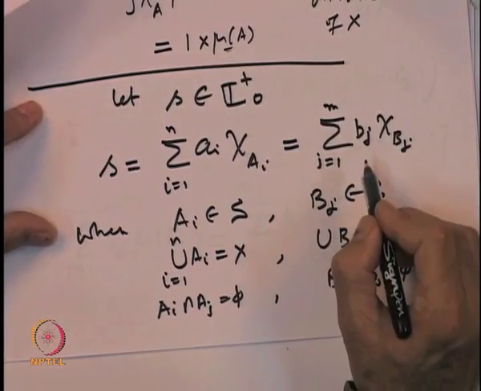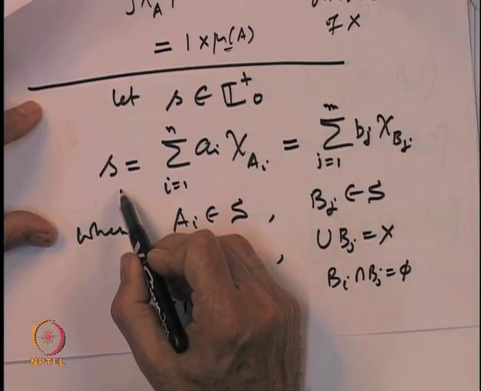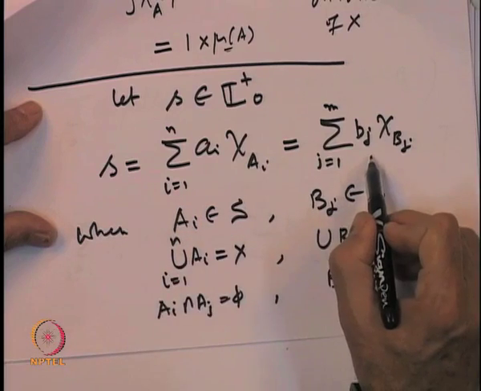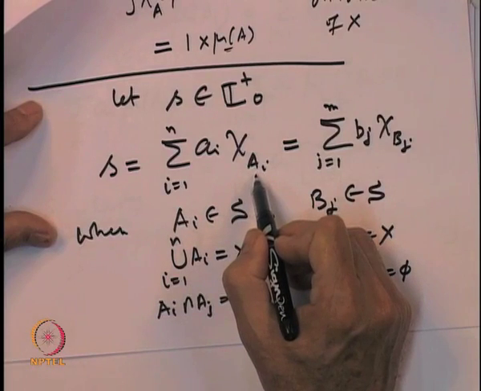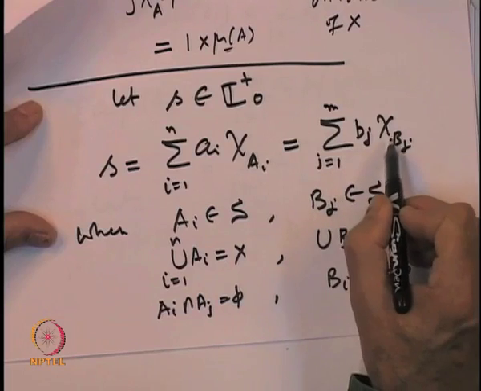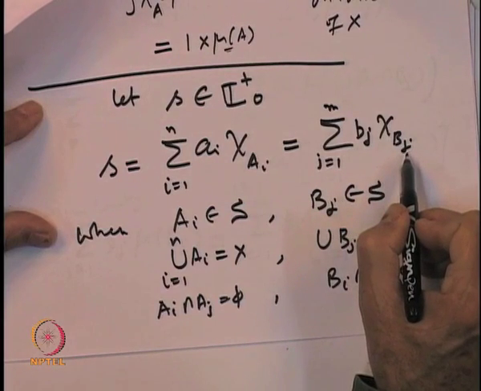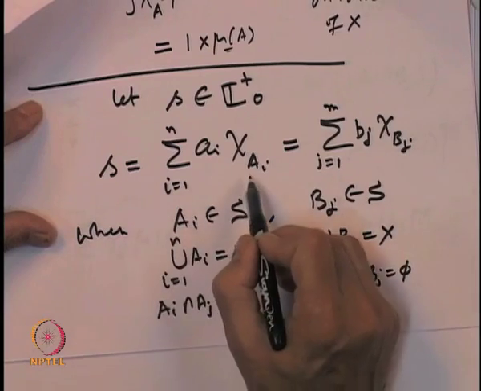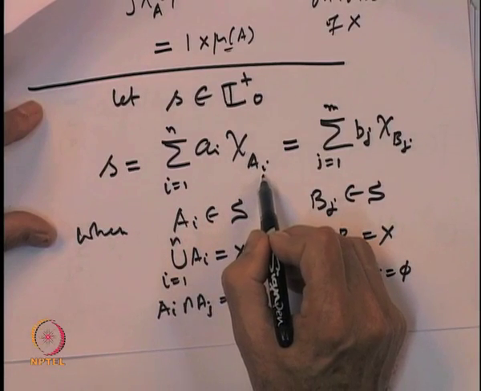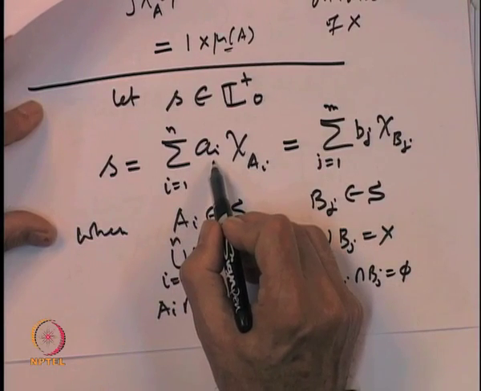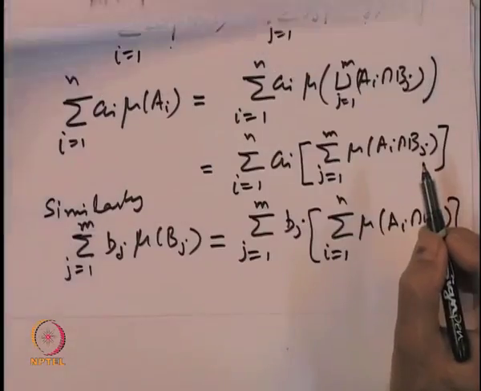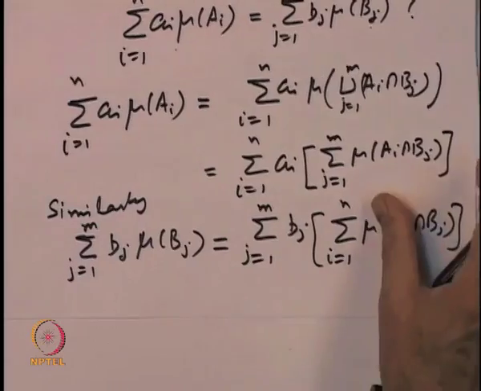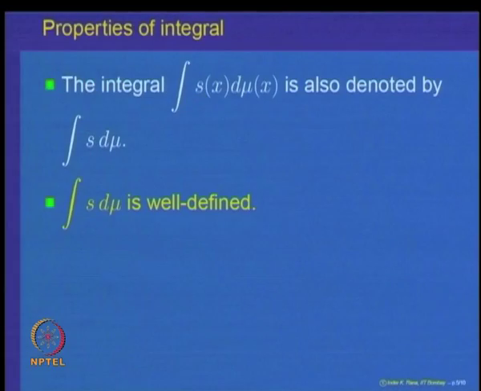This is the crucial thing to note here, that if S, a non-negative simple measurable function, is given two representations, one is the sum of a_i times the indicator function of A_i, and the other the sum of b_j times the indicator function of B_j, then for x belonging to A_i intersection B_j, the value of S of x, on one hand it is a_i, on the other hand it is b_j. So, a_i must be equal to b_j. This is the crucial thing to note. So, let us make this observation and write it out.